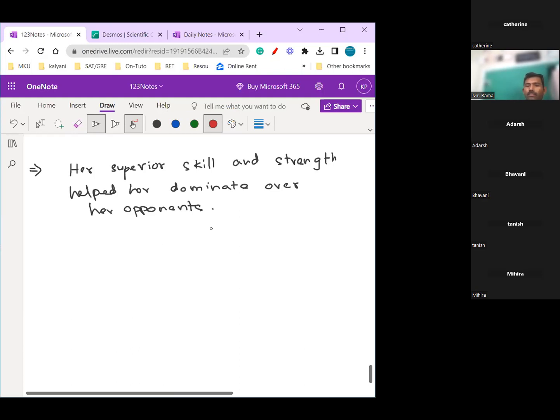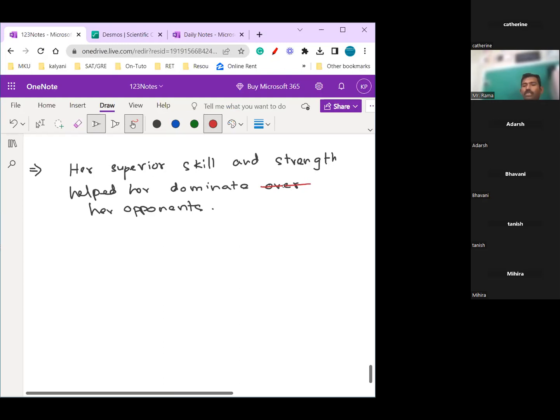Okay, Saket, can you tell me why you crossed out the "over"? I just feel like it's unnecessary because if we remove it, the sentence still means the same thing. That's correct. It is redundant. So you can eliminate the "over," and then it'd still be good: "Her superior skills and strength help her dominate her opponents."